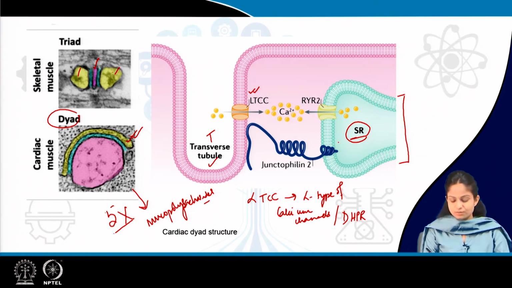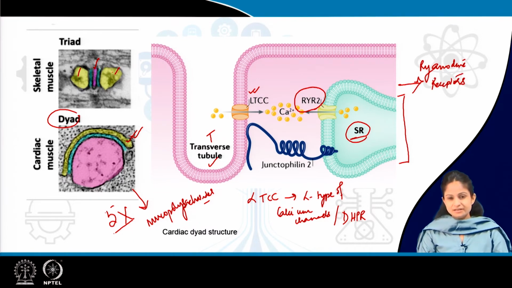Now, the second channel protein, which is present on the cisternal surface of the sarcoplasmic reticulum, is RYR2, nothing but the ryanodine receptors. So, we have these two channel proteins, which are very specific: T tubules bear the L type calcium channels, and the cisternal end of the sarcoplasmic reticulum bears the ryanodine receptors.